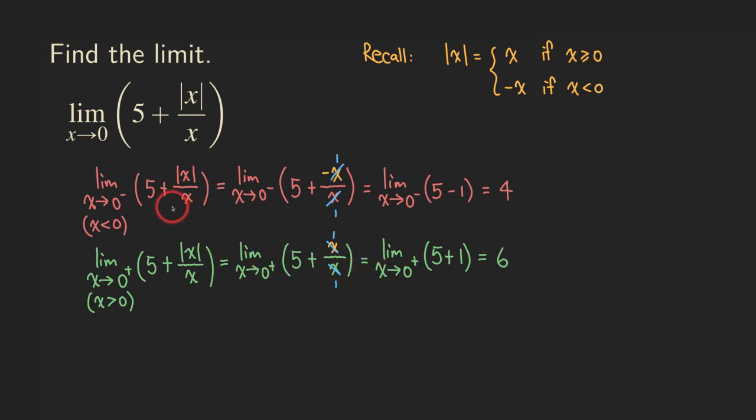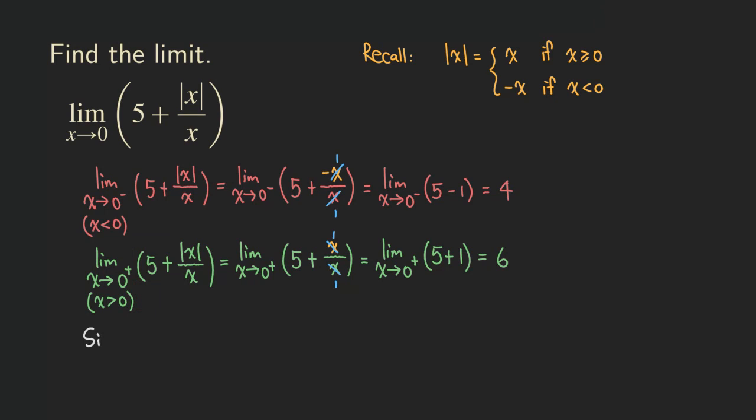So what happened is that the function is approaching 4 when x is approaching 0 from the left, and the function is approaching 6 when x is approaching 0 from the right. And so as you can see here, the left side limit is not equal to the right side limit.